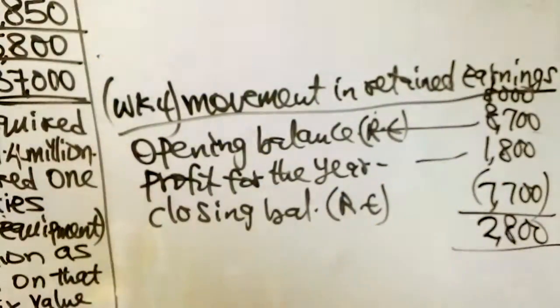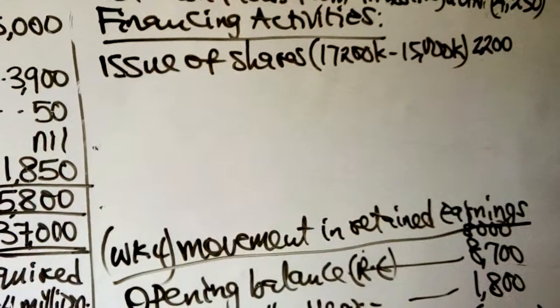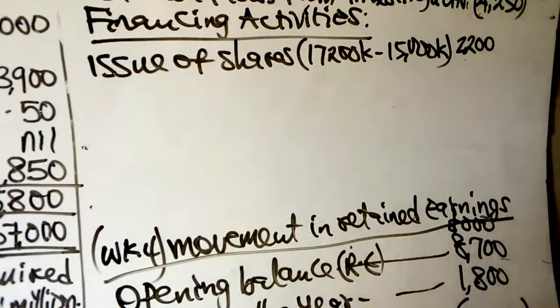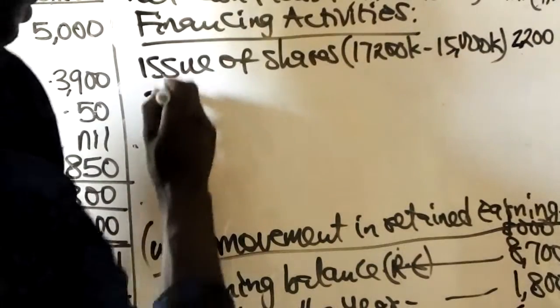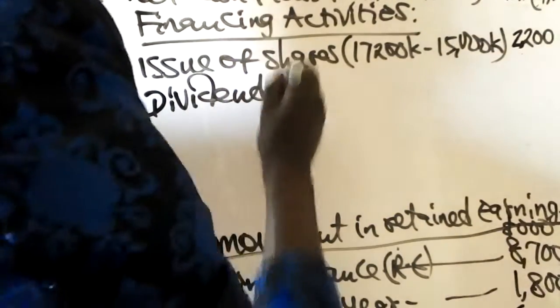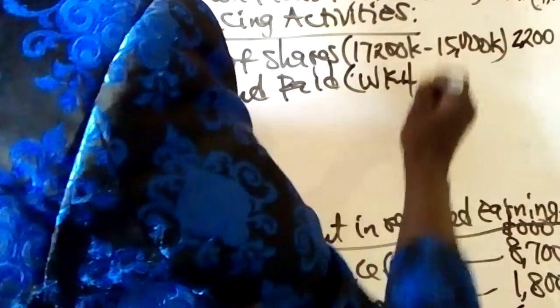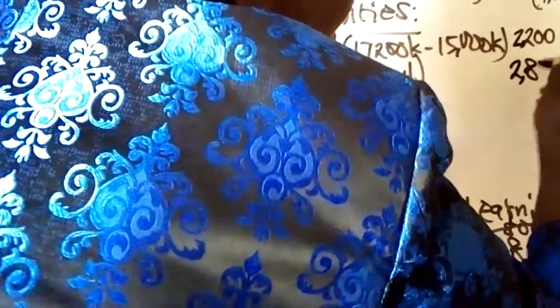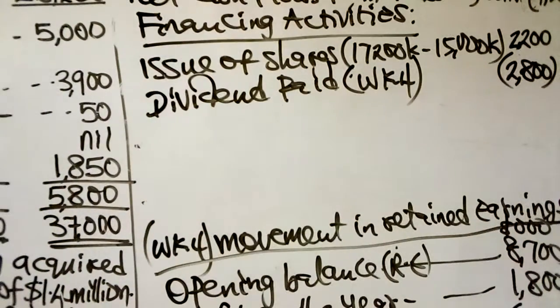That 2,800 represents the amount paid as dividend. That is dividend paid, which will result in an outflow of cash.